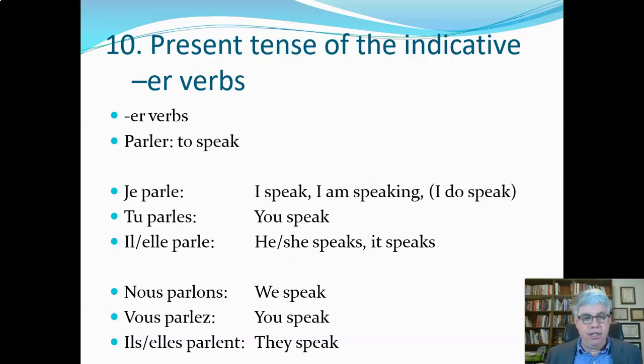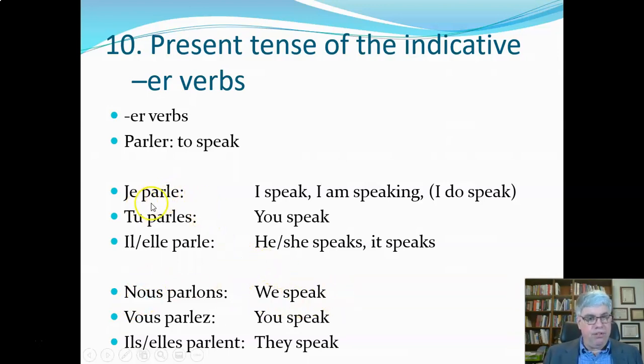In French and English, when we say nous, it just means me and whoever. It can be you, it can be someone else. So nous and we are very similar in English. It means that I and somebody else, who might be you, are speaking.